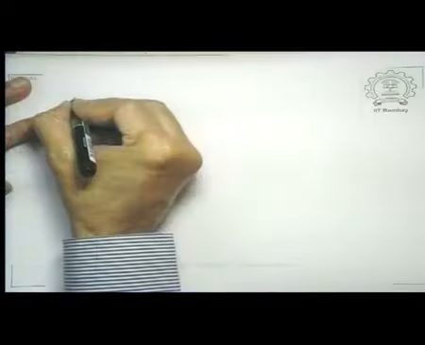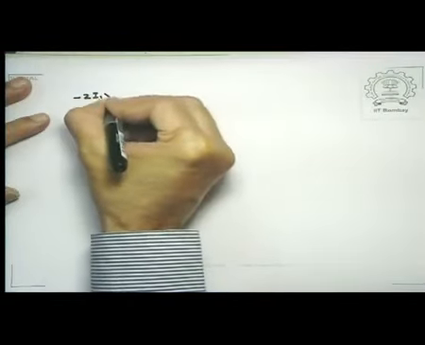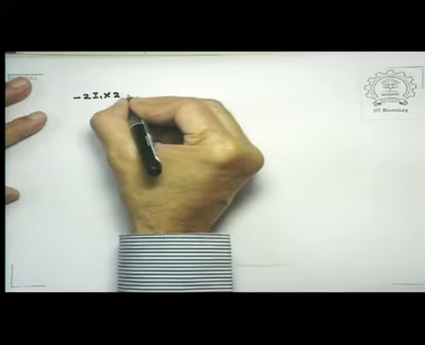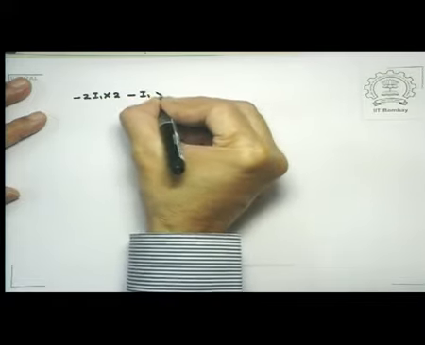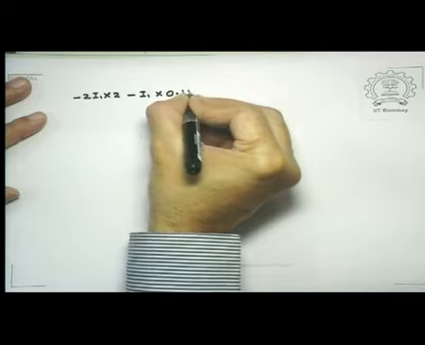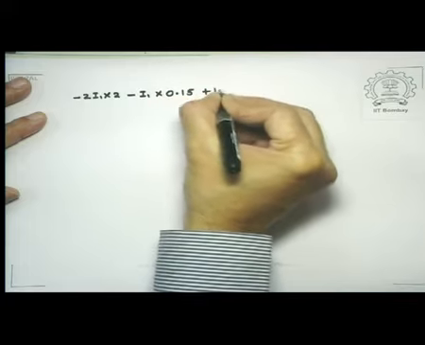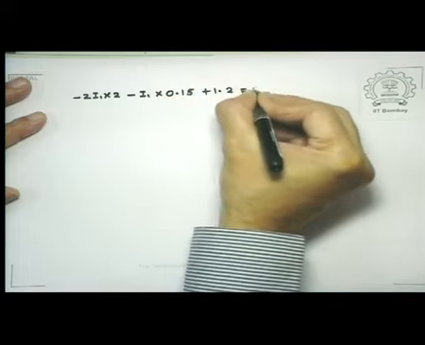If you look at Kirchhoff's law for this situation, you find that minus 2I1 times 2 ohms minus I1 times 0.15 plus 1.2 equal to 0.